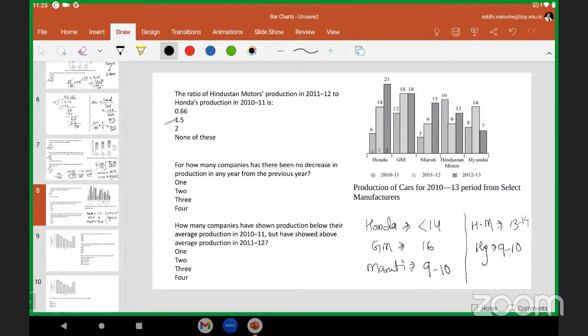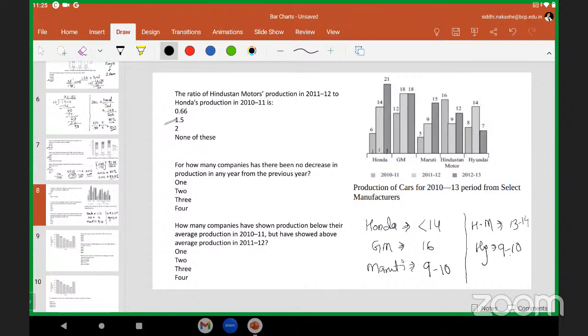Now what they have asked us in this question is how many companies have shown production below average in 2010 and 11 but have shown above average production in 2011 and 12. So we have to consider the first two bars. In the first bar the production should be below average, and in the second bar the production should be above average.